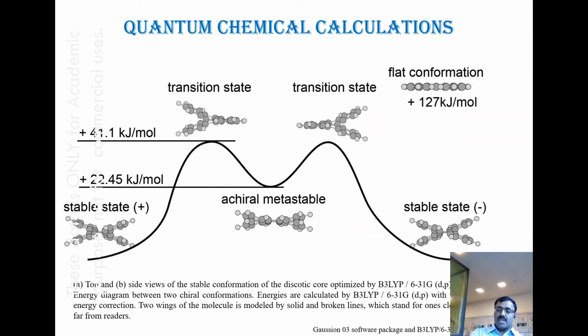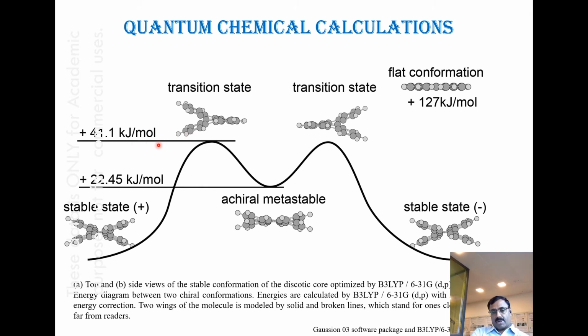Now we confirm this by quantum chemical calculations, which are theoretical, using Gaussian software. You can see the stable state is the cross, with an energy of 22 kilojoules per mole. When going to the transition state, it forms the Y shape, which gives 41 kilojoules per mole.